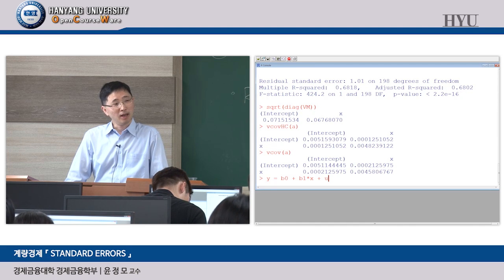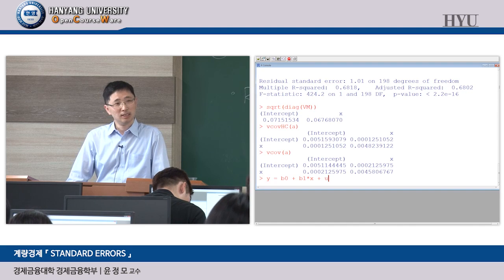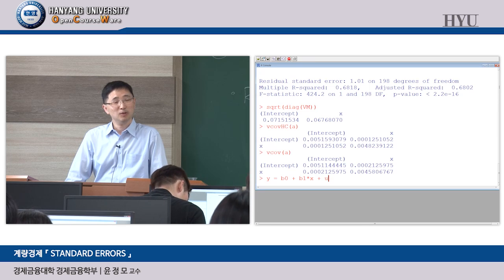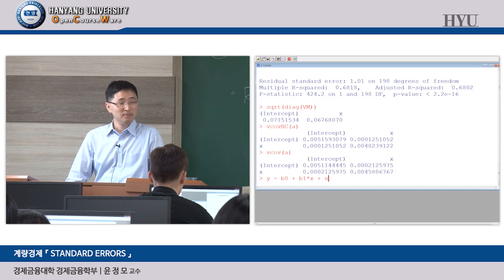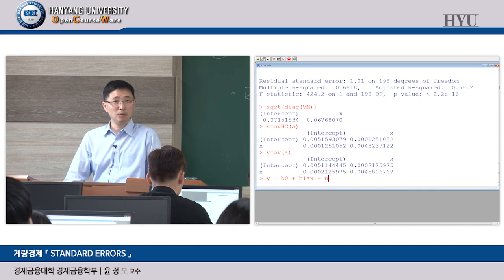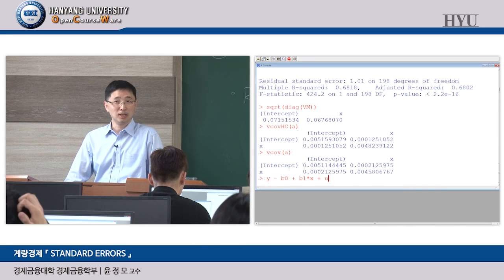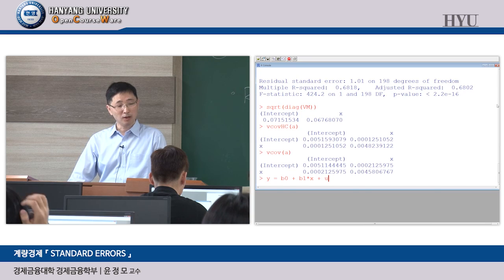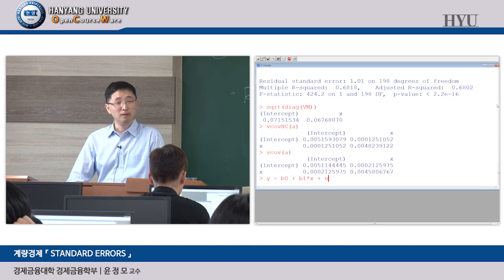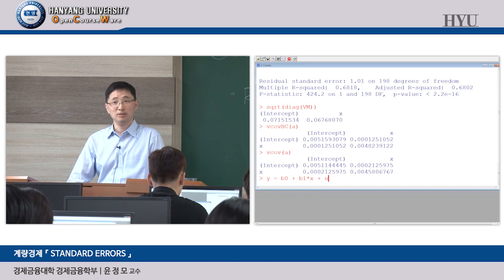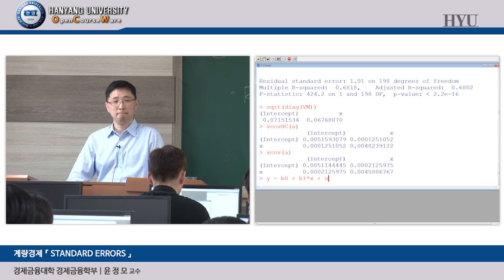Because the errors we have are homoscedastic, right? The first one is good under homoscedastic error or not, right? The second one is good only under homoscedastic error, and because the true error is homoscedastic, they produce about the same answer. Do you understand what I mean?